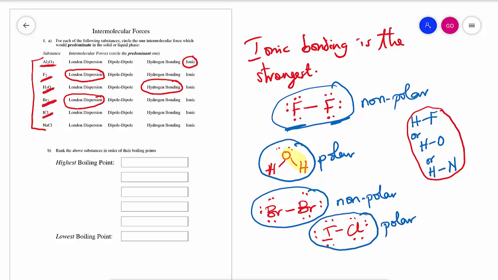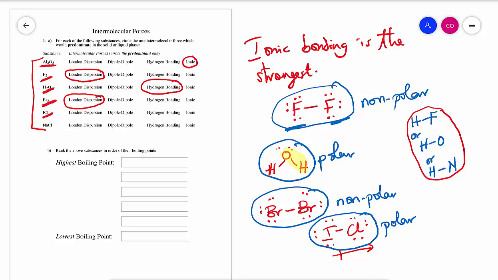How do I know? Because chlorine is more electronegative than iodine, which means that the electron density in this compound will be closer to chlorine than to iodine. So if it is polar, we definitely know that it will have dipole-dipole.